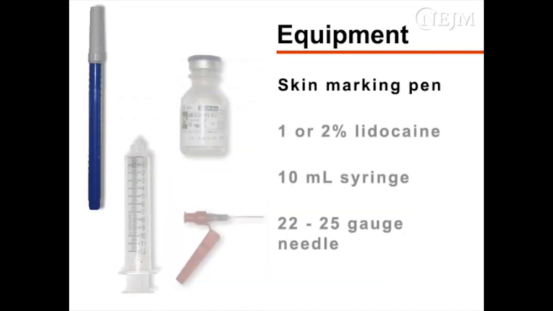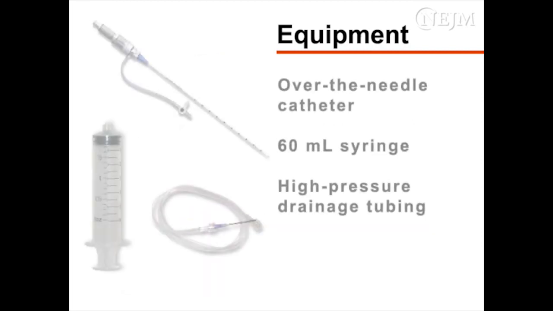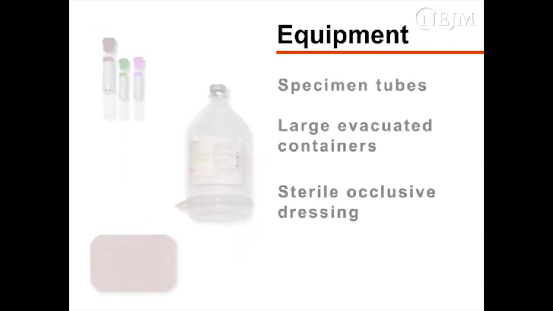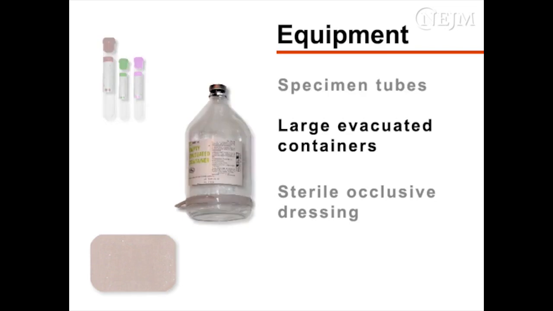You will also need a skin marking pen, 1 or 2% lidocaine, a 10 milliliter syringe, and a 22 or 25 gauge needle. For collection of ascitic fluid, you will need an over-the-needle catheter device, a 60 milliliter syringe, and high-pressure drainage tubing. You will also need specimen tubes, large evacuated containers, and a sterile occlusive dressing.